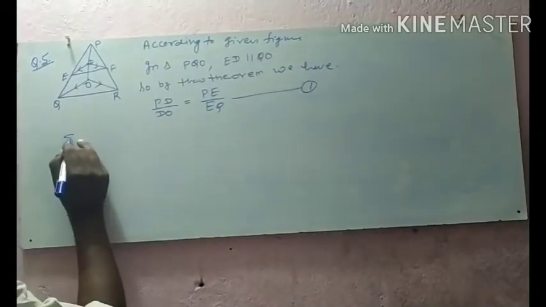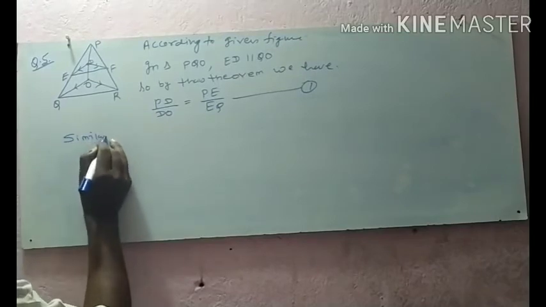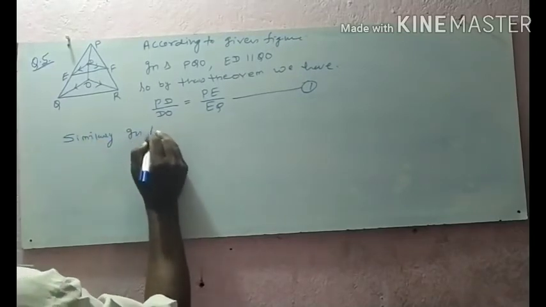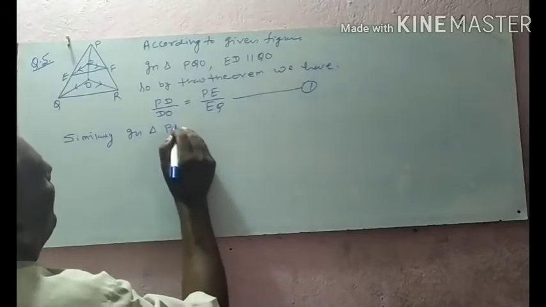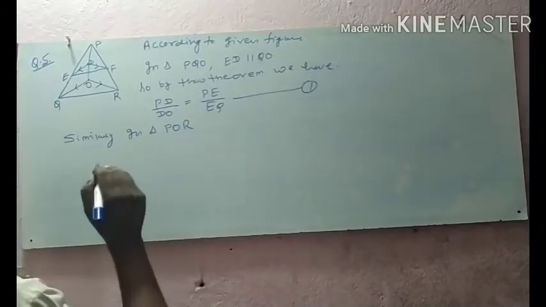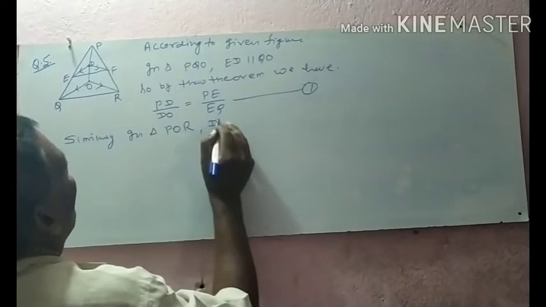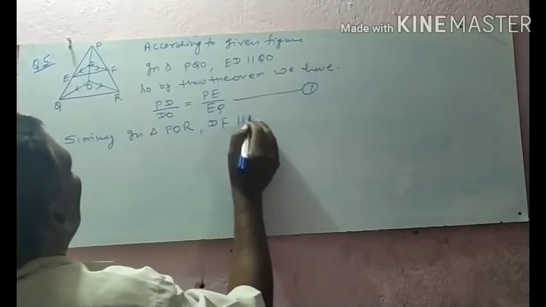Similarly, in triangle POR, DF is parallel to OR.